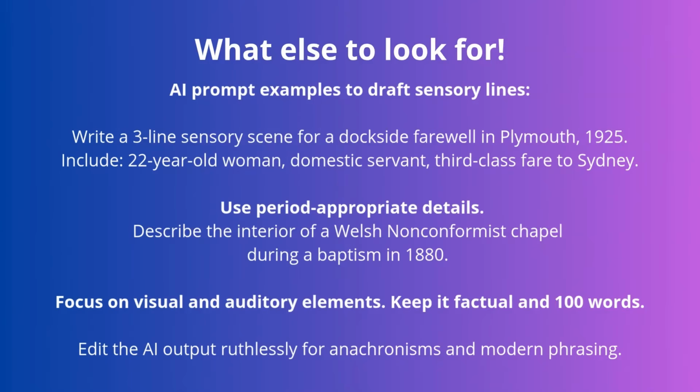For example, describe the interior of a Welsh nonconformist chapel during a baptism in 1880. We're asking ourselves to focus on visual and auditory elements and thereby keeping it factual and within a word limit. We can always edit the AI output, looking for anachronisms and modern phrasing and putting our own stamp on it.